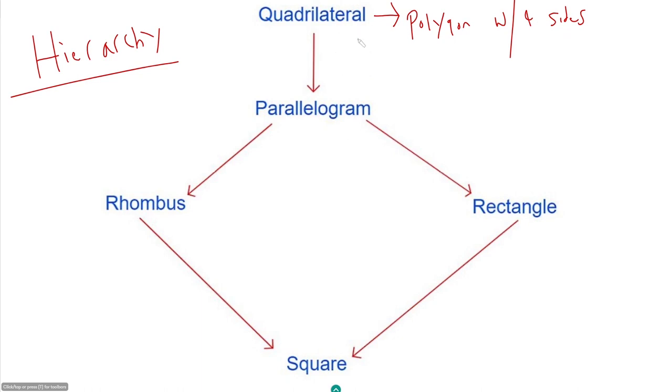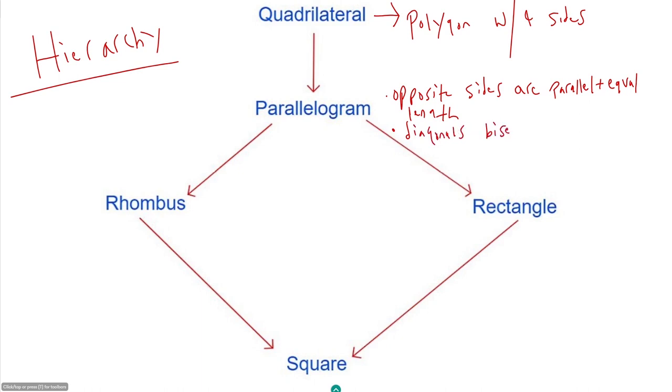And so then how do you go from being a quadrilateral to being a parallelogram? Well, there are two ways. A parallelogram is going to be a quadrilateral where your opposite sides are parallel and equal length. And it's also going to be true that your diagonals are going to be bisectors of each other, or they split each other in half.